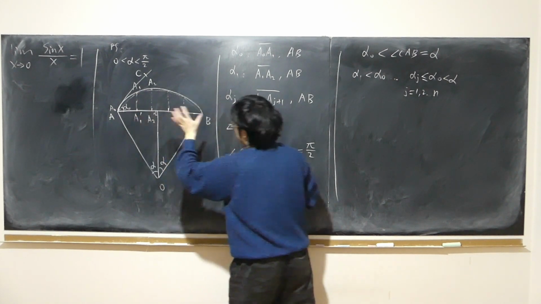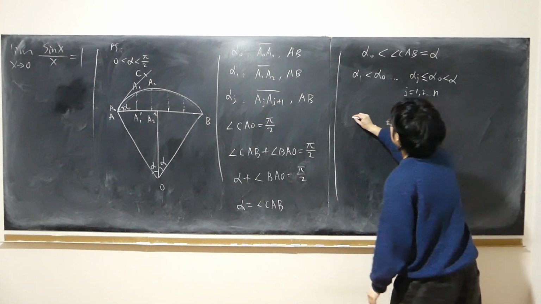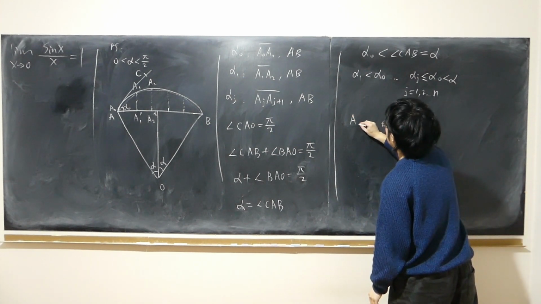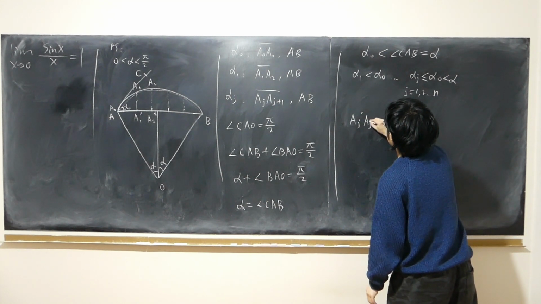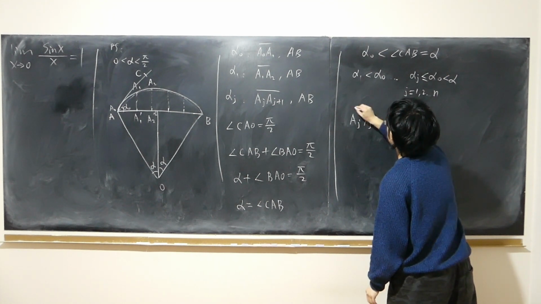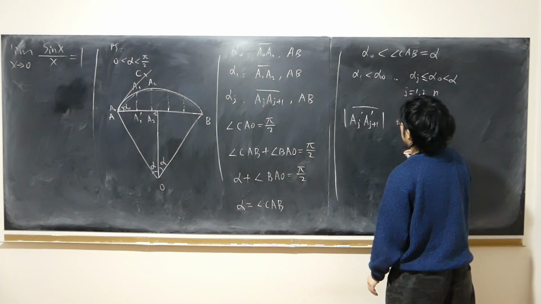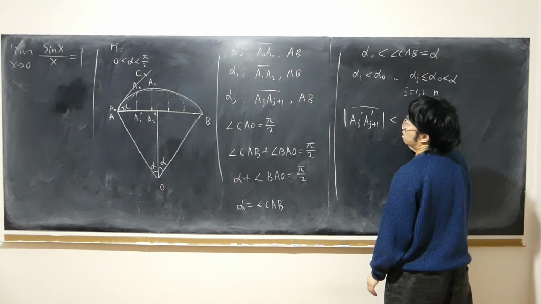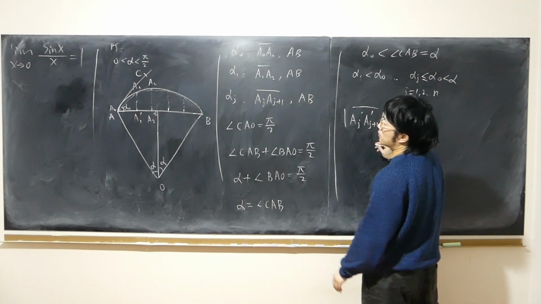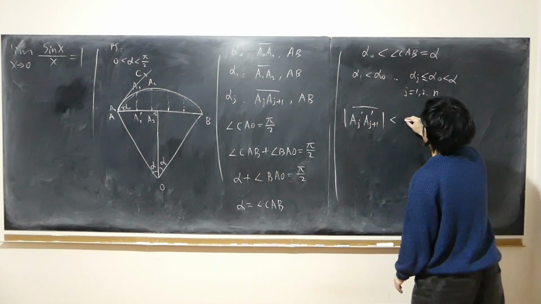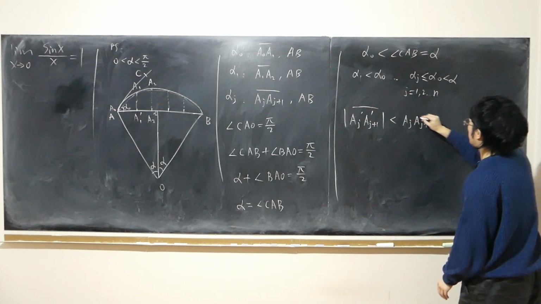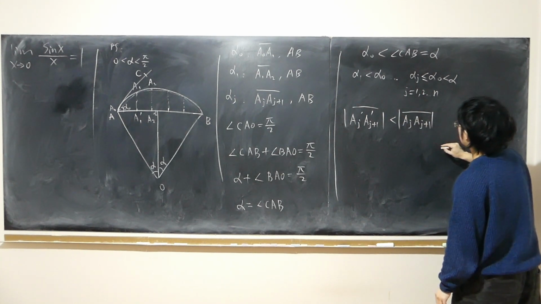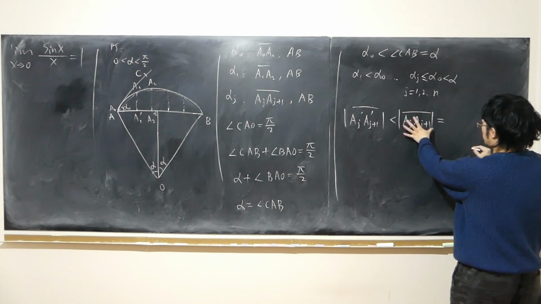So this is obvious. So in general, Aj prime, Aj plus 1 prime, this line segment length is smaller than the line segment above, that is Aj, Aj plus 1.